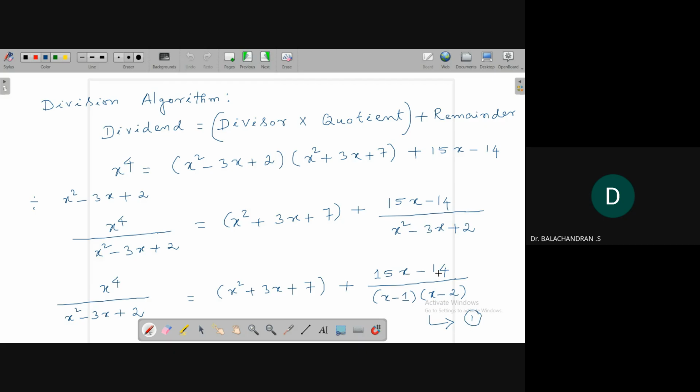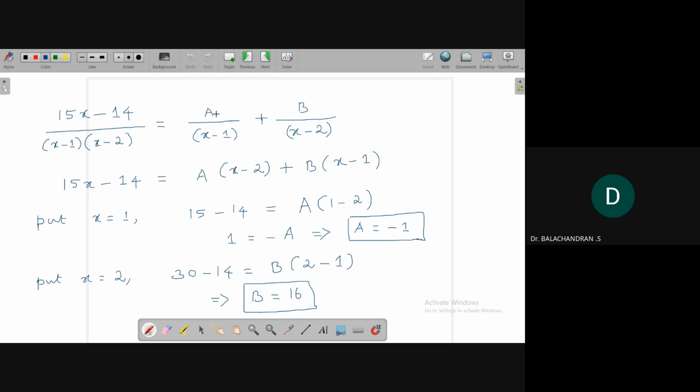So 15x minus 14 by (x minus 1) into (x minus 2) is equal to a by x minus 1 plus b by x minus 2. We need to find the values of a and b. Throughout multiply by (x minus 1) into (x minus 2), and we get 15x minus 14 is equal to a into (x minus 2) plus b into (x minus 1).